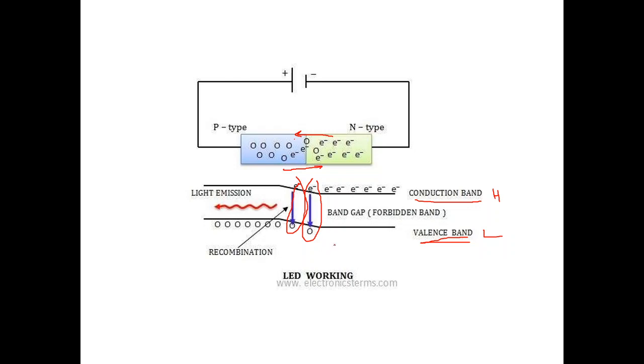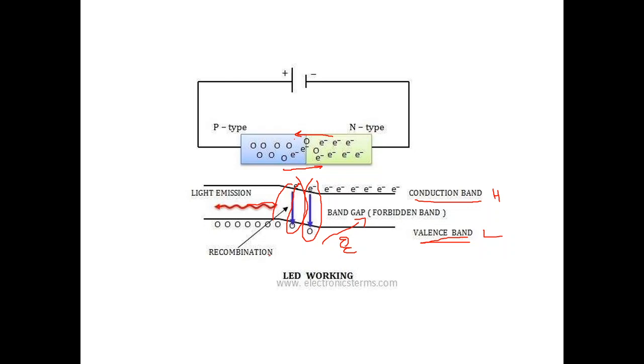In order to jump from the lower energy level to the higher energy level, they require energy. They take the energy in. When they jump from the higher energy level to the lower energy level, they release the energy. The energy is released in the form of light or photonic energy.